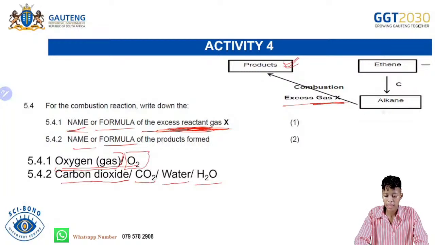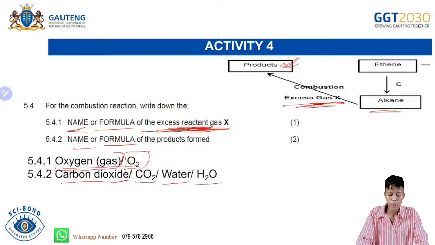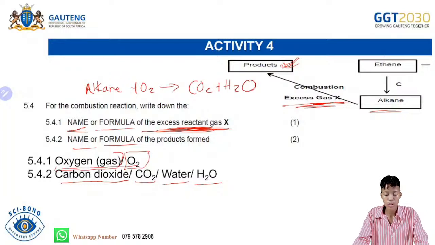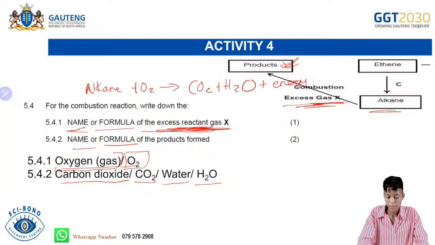For the combustion reaction, they were moving from an alkane, they added O2, and the products were CO2 plus H2O. So it was an alkane plus O2 to give CO2 plus H2O as your products, plus energy.